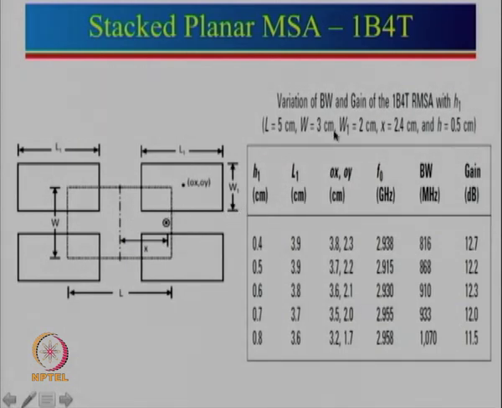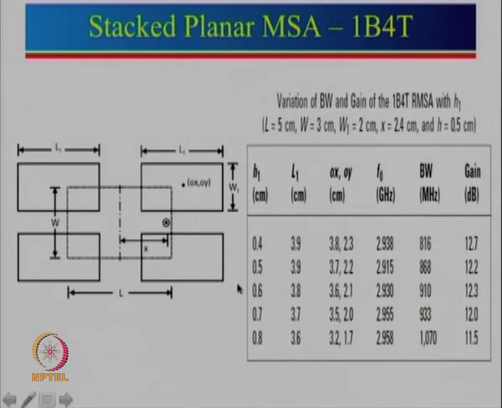We could have taken a slightly larger W, which would give slightly larger gain, but we chose a smaller one. This configuration has a very large bandwidth, so we had to take a much smaller W, so that in the entire bandwidth of the antenna it never becomes a resonant configuration, and orthogonal modes do not get excited.